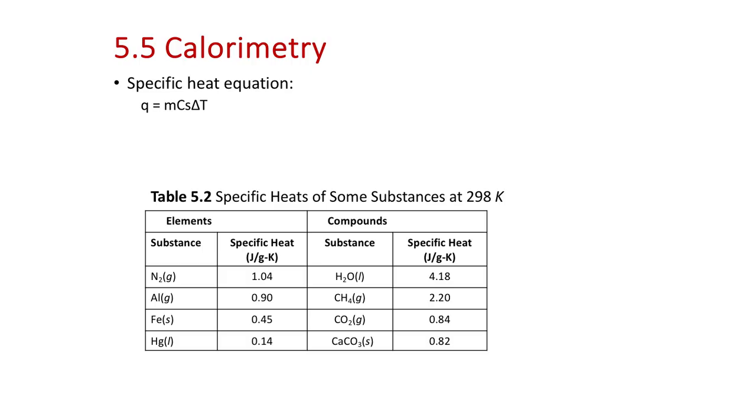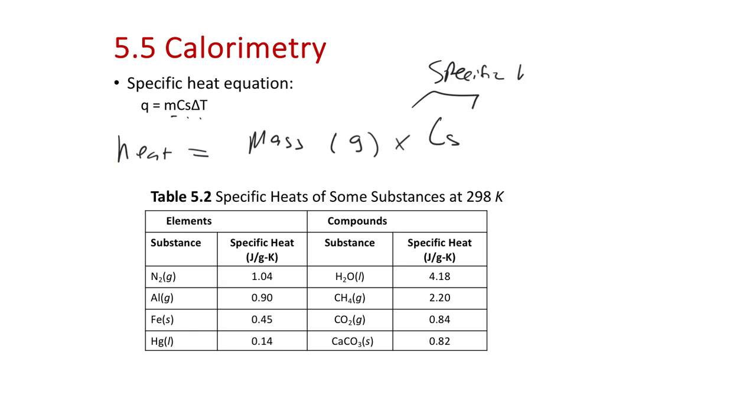But we relate it to the Q by the MCS delta T. What this equation relates to is the mass of a substance times its specific heat times its temperature change is equal to the heat change. So heat is equal to mass, usually in unit grams, times the specific heat, which usually has units joules per gram degree C or joules per gram Kelvin.